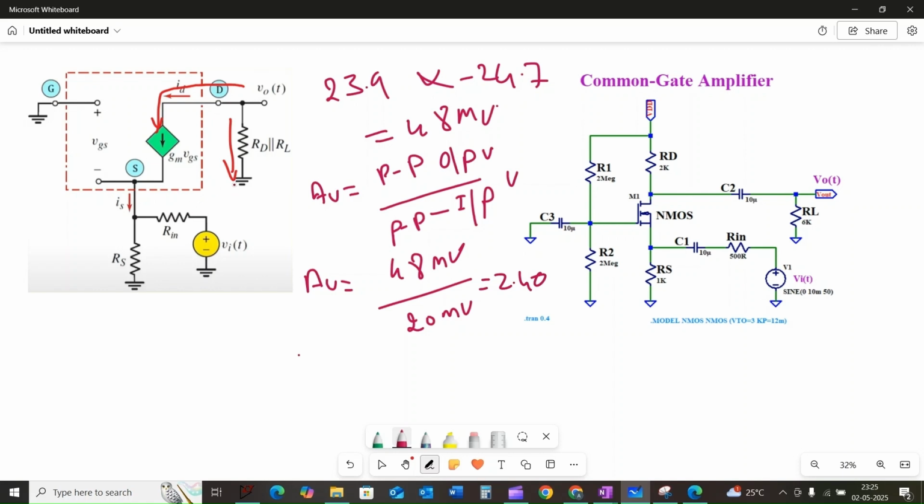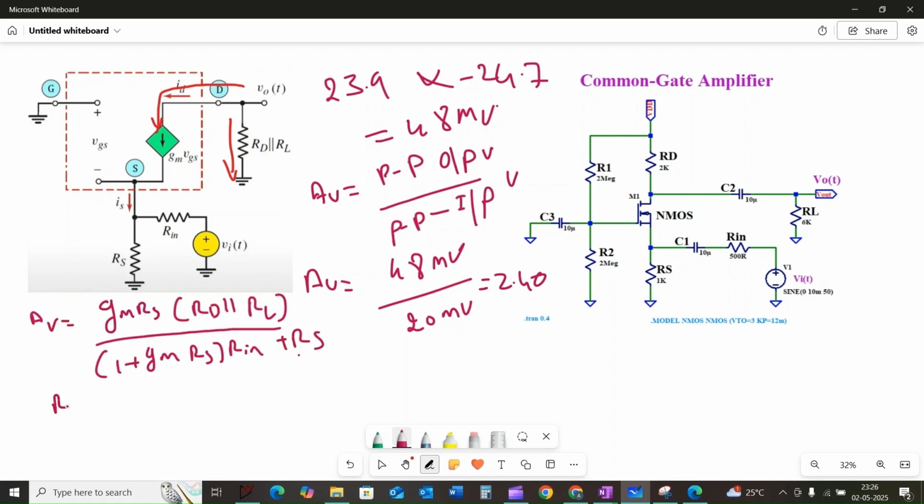Finally, let us examine the effect of the source resistance Rin on the voltage gain. In the ideal case, when the input resistor Rin is equal to 0, the voltage gain AV is equal to Gm into Rd parallel to RL, because this section of the formula will get 0.